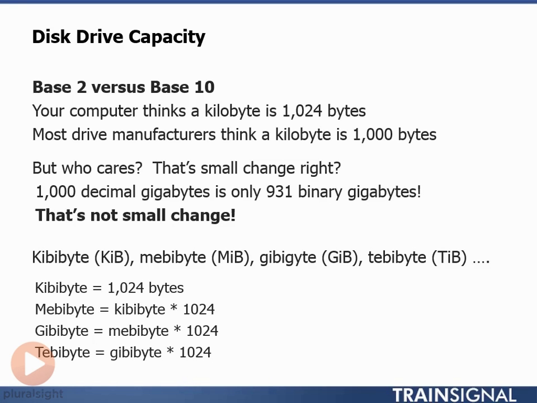There's none of this, well, could it be 1000 or could it be 1024 of a certain value? These units of measure are strict, the only downside being that not many vendors use them. So this confusion between 1000 or 1024 as a multiple is definitely the major contributor when talking about disk drive capacities.